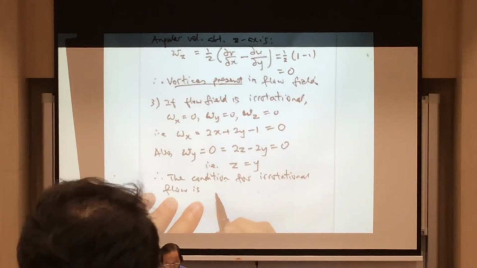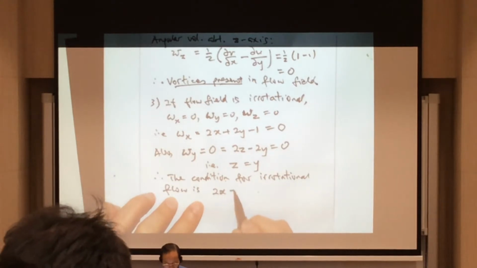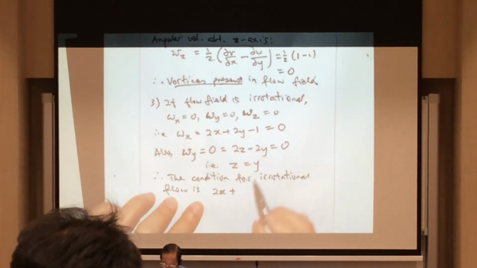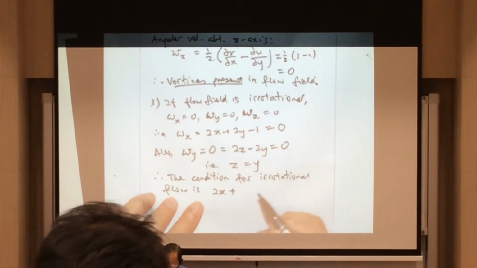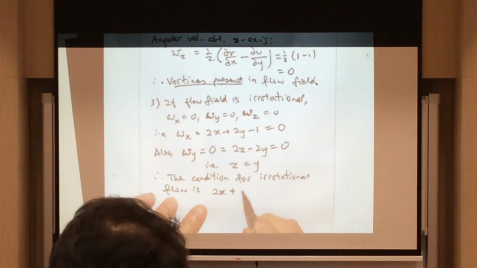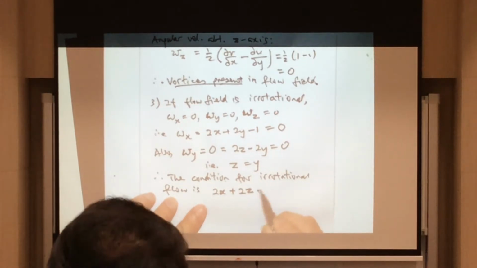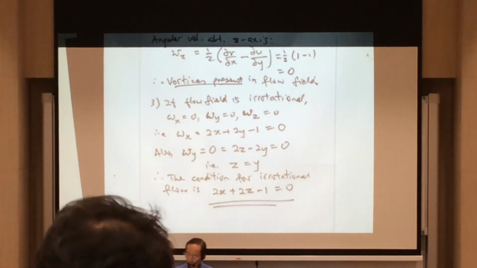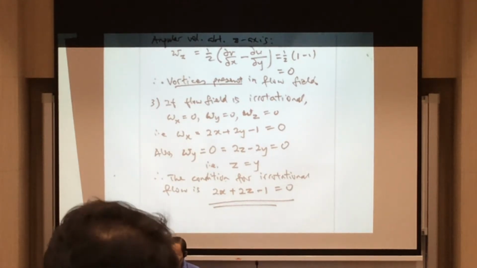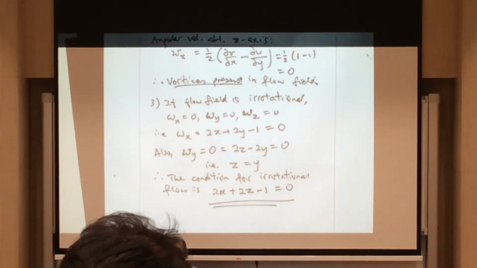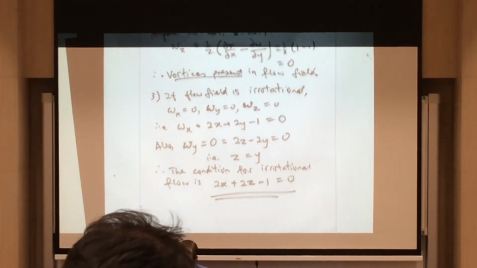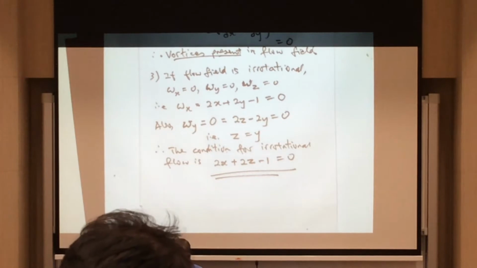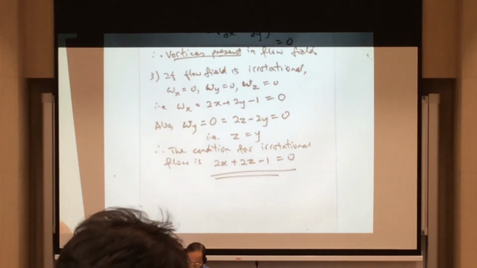So you can therefore have 2x plus 2y, y is equal to z, so plus 2z minus 1 equals 0. This is the condition for irrotational flow, with 2x plus 2z minus 1 equal to 0. That's for part 3.